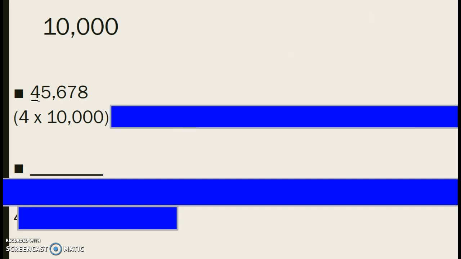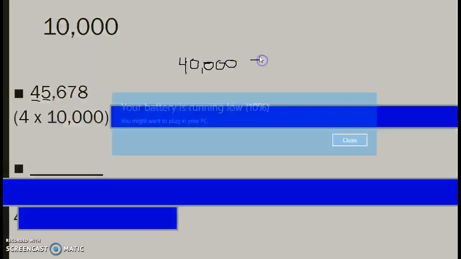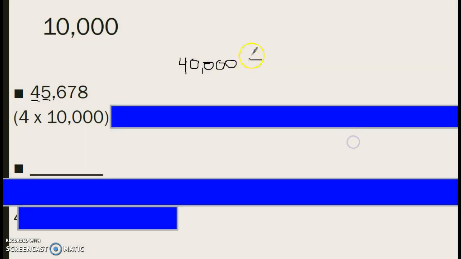Well, in place value, we understand that when we add it all together, like when we do expanded, we would do 40,000, 3 zeros, plus 5,000 plus 600 plus 70 plus 8.